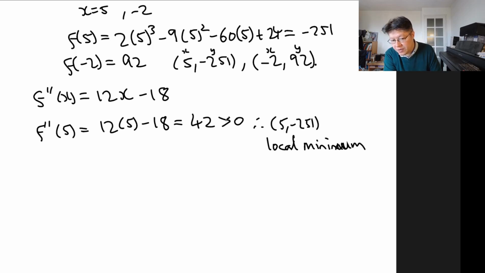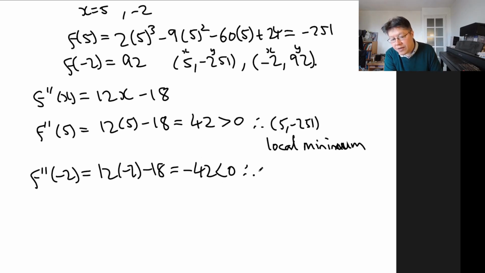So if it's positive, it's a minimum. And if we substitute the second x coordinate, minus 2, we get 12 times minus 2 minus 18, and that equals minus 42, which is negative. So therefore, minus 2, 92, that's a local maximum.